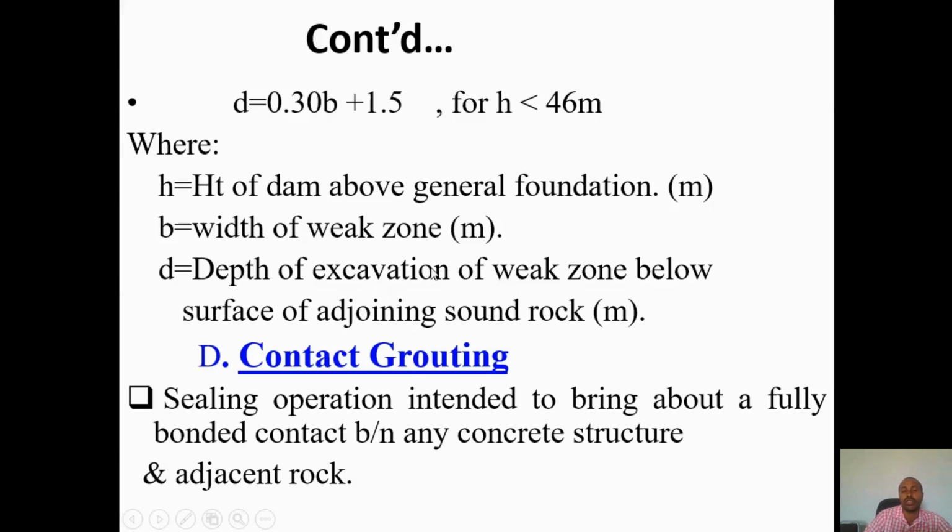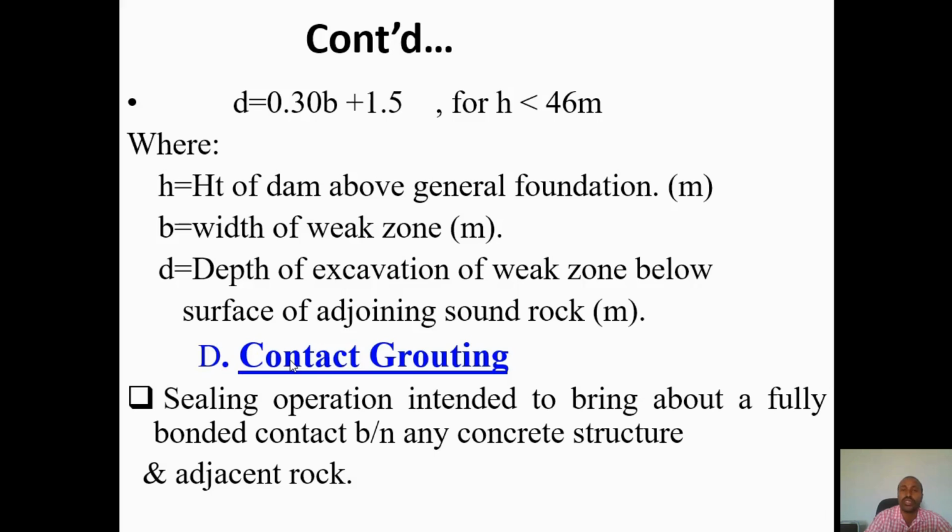So I think the last one is contact grouting. Contact grouting, I think this is also just the application is different. It is a sealing operation intended to bring about a fully bonded contact between any concrete structure and adjacent rock. So you have an abutment, which is just rock formation on the side, the valley side. Then you are constructing with concrete.